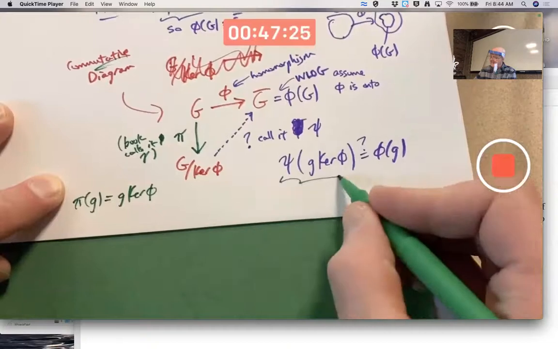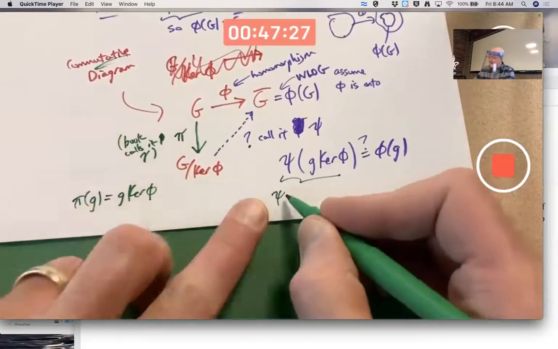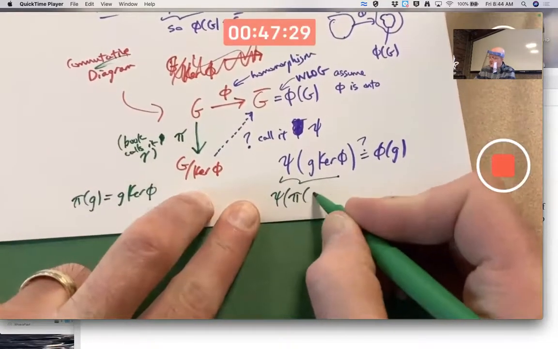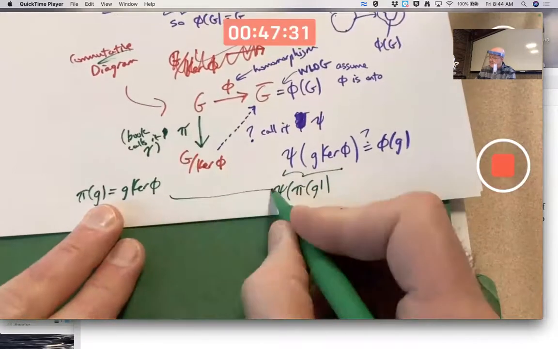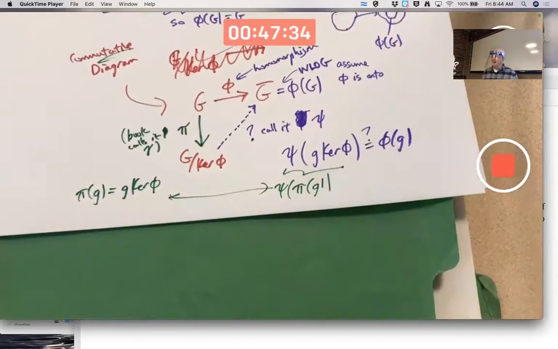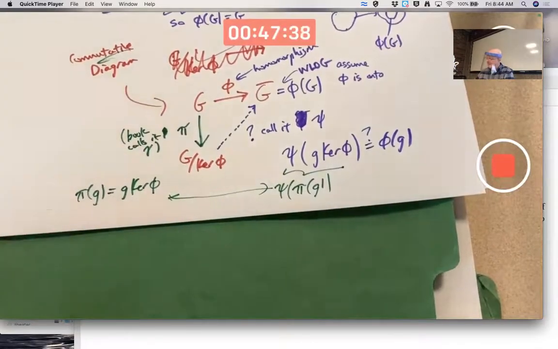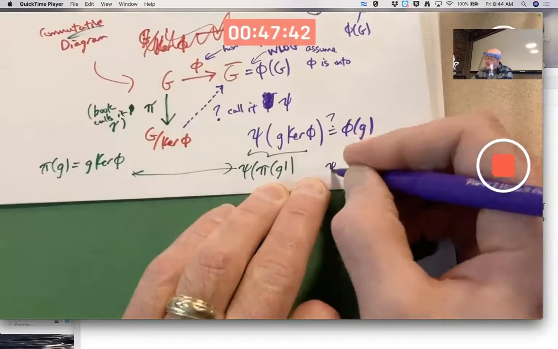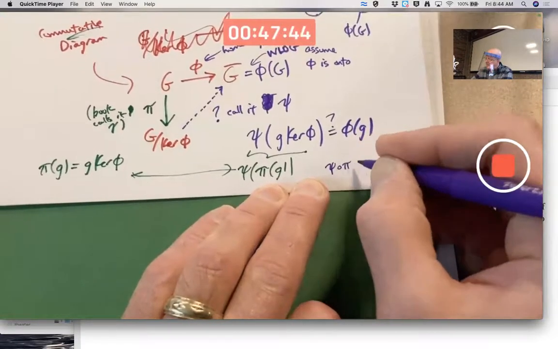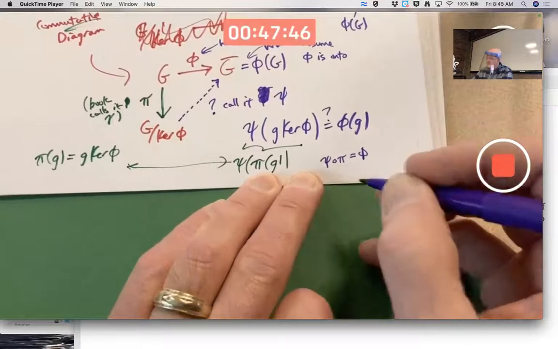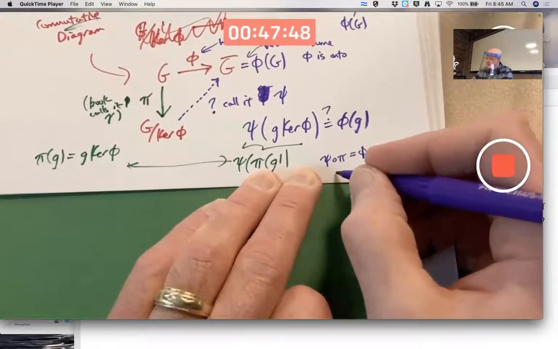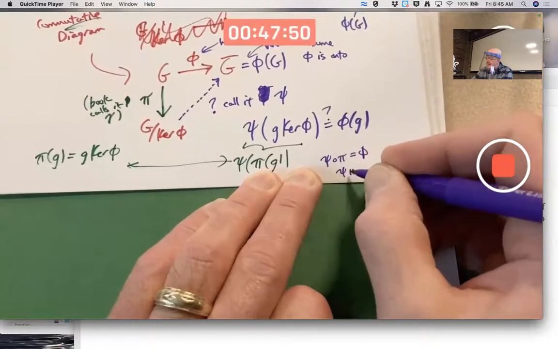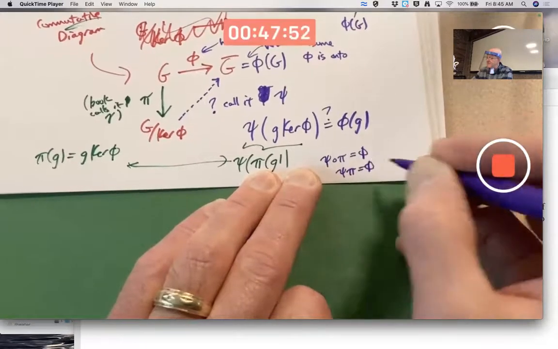And that makes this thing become psi of pi of g. And the equality here can also be written with composition notation. Psi composed pi equals phi. Or since our book does not bother putting circles for composition, psi pi equals phi.